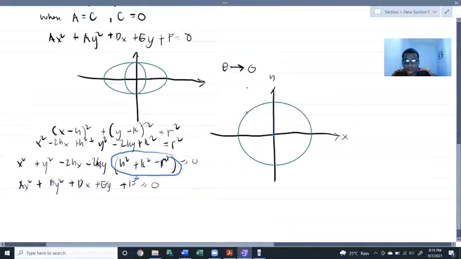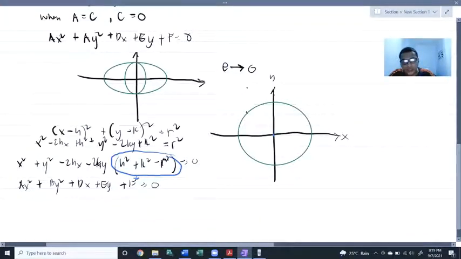If the square of the radius is subtracted from the sum of the squares of h and k, f must be negative. So if the coefficient f is negative, then we have a circle. Otherwise, if the coefficient f is positive, then we have a point.